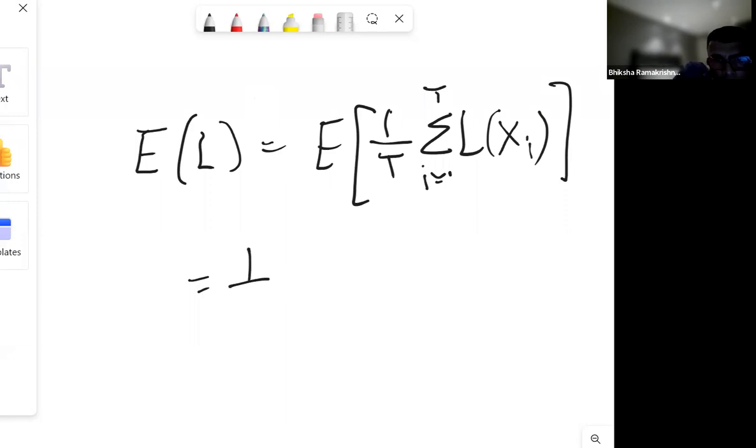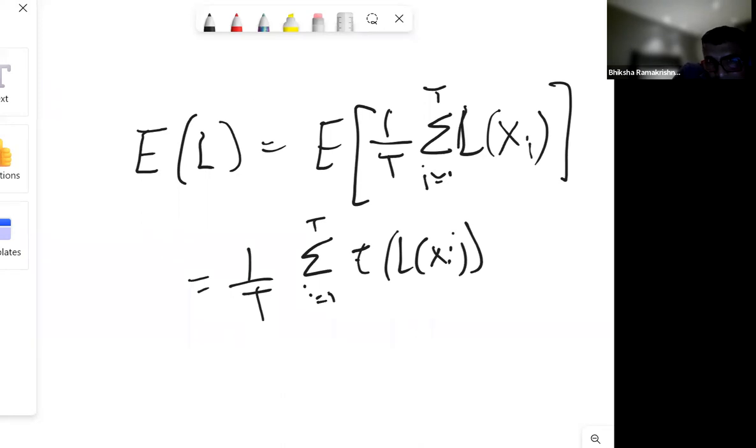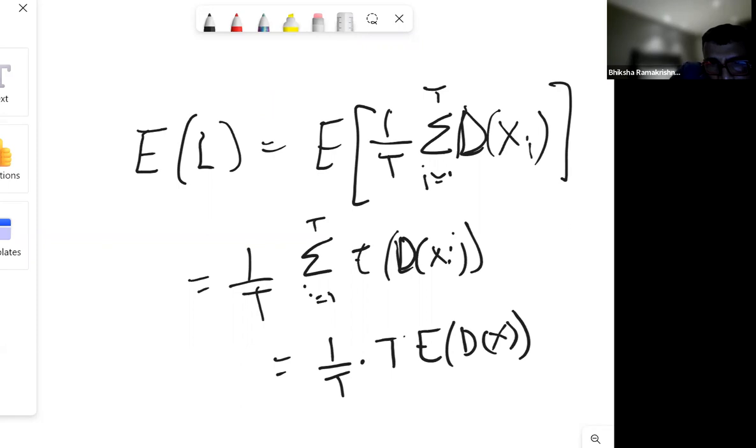Which is going to be 1 over t, summation i equals 1 to t, expectation of the loss of xi, and the expectation of the loss is basically the expected divergence, right? And the expectation of the divergence is the same for any random sample. So this is simply going to be 1 over t times t times the expected divergence, which is simply the expected divergence of d of x.